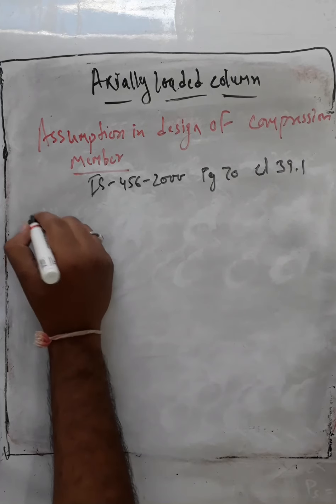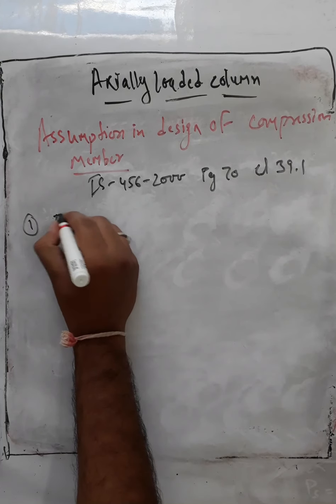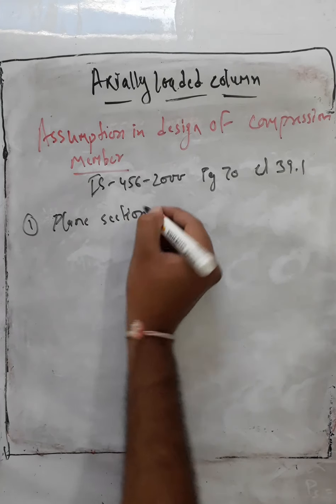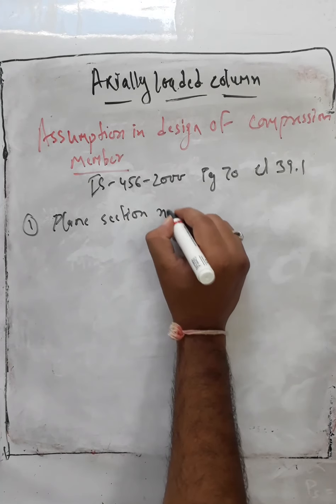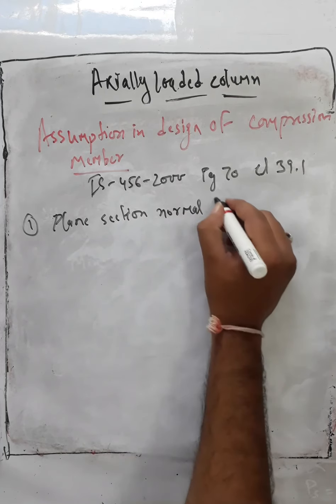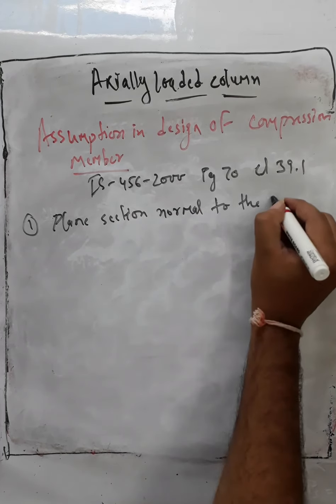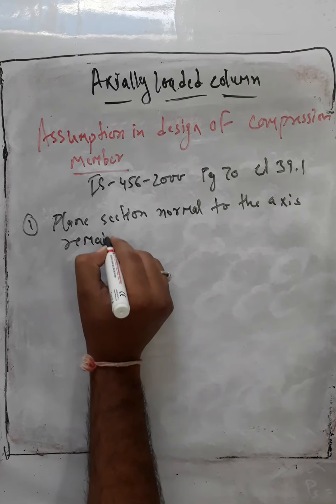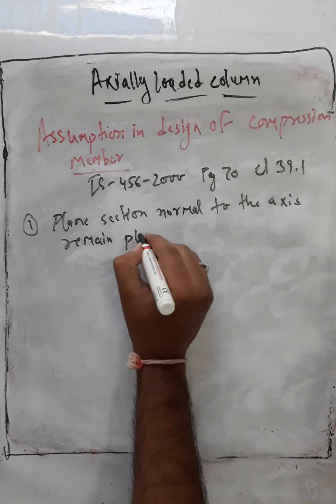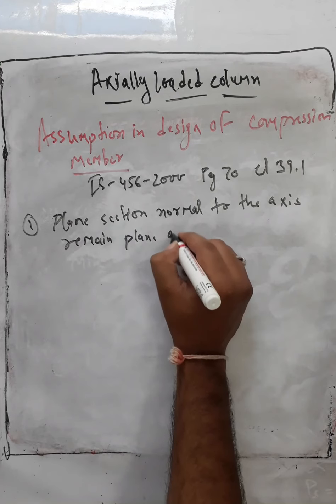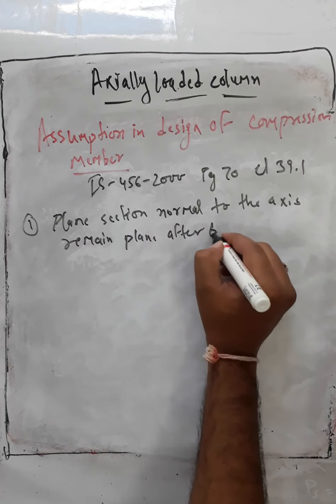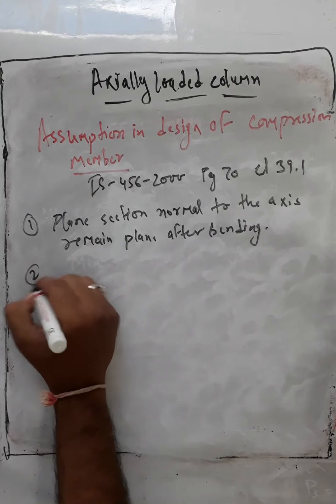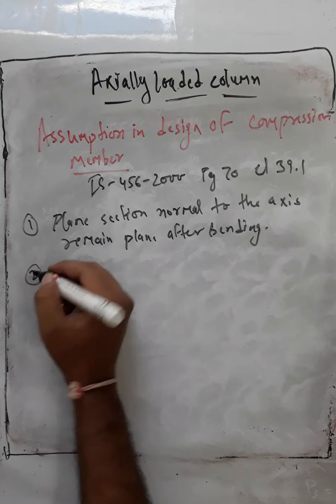Some assumptions are given for that: plane sections normal to the axis remain plane after bending. This assumption is common in every part of the structure.